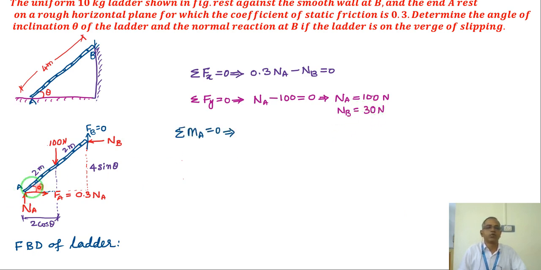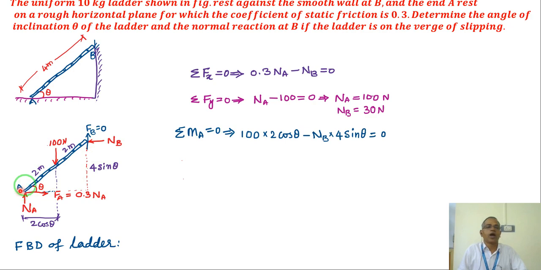Again, take the moment at A. So we have 100 into 2 cos theta, Nb into this distance. What is this distance? 4 sin theta, because theta is the angle. So I know the length of the ladder, that is called hypotenuse, 4. So opposite is always 4 sin theta. Adjacent is cos theta, opposite sin theta.